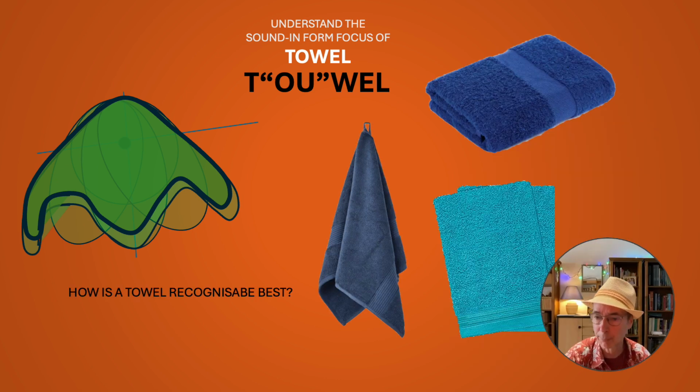And if I look up towel randomly, so you can just look up, okay, let's buy some towel, then you have these three kinds of images. They're all recognizable that they are towel. But if you have just a flat towel, it's hardly recognizable. It could be something completely different.